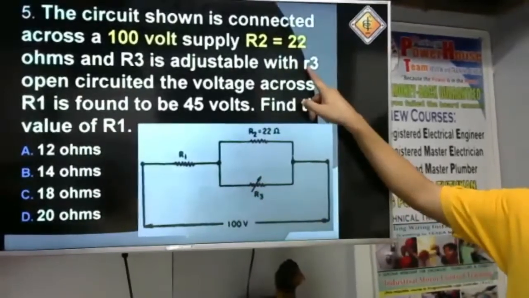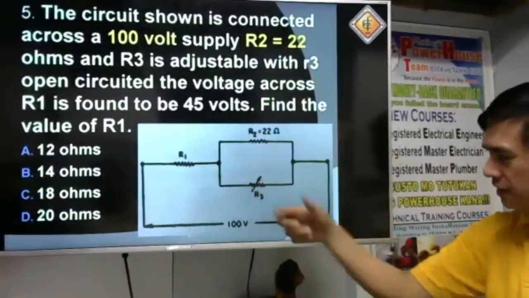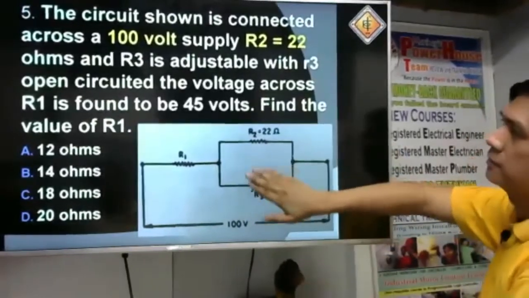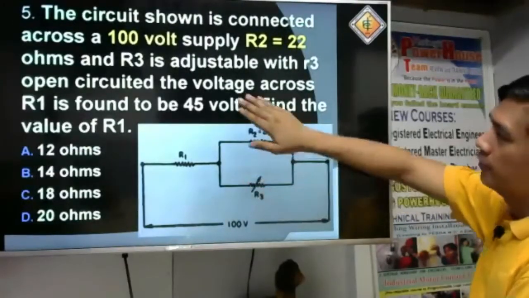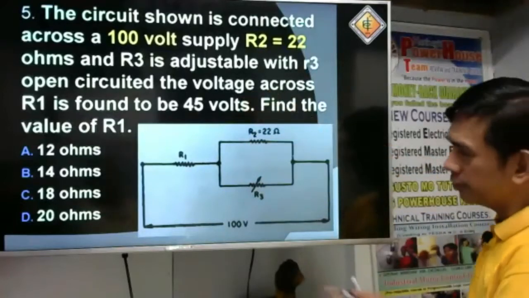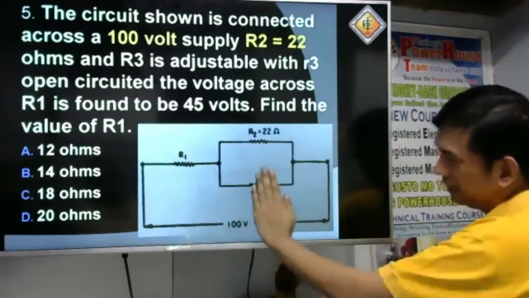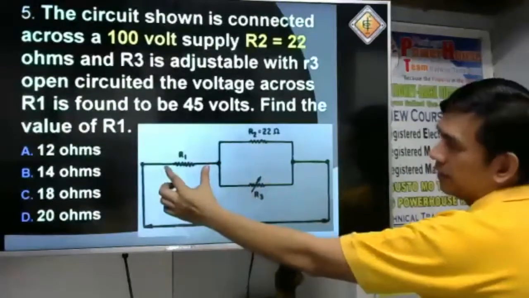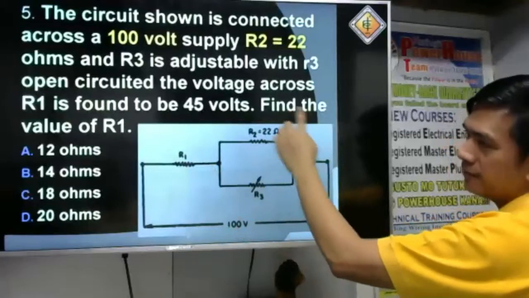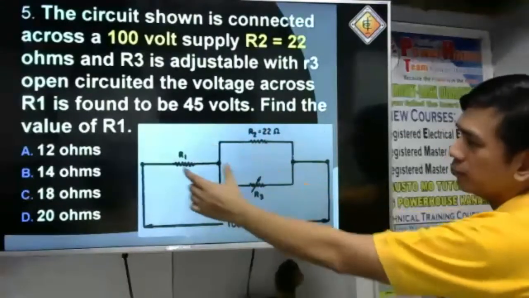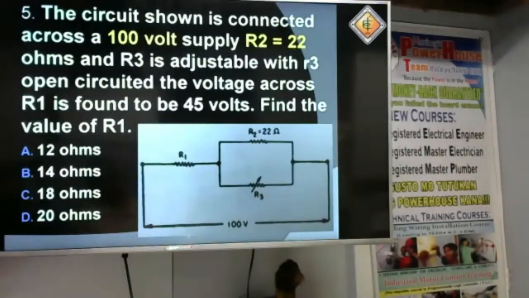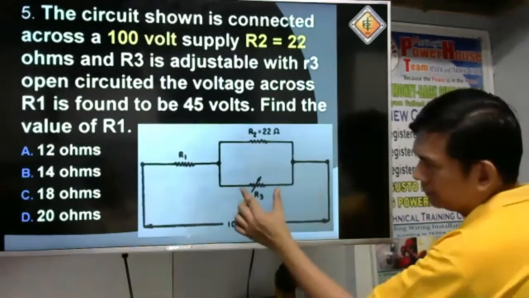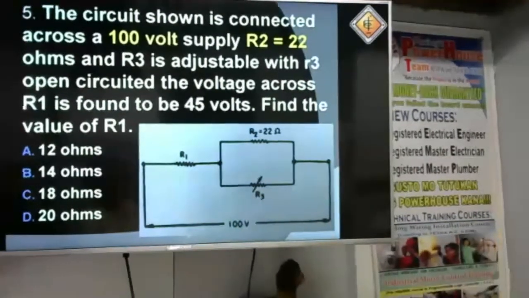With R3 open circuited, you remove R3. Okay? That is open circuited. The voltage across R1 is found to be 45 volts. When this becomes open circuited, 45 volts here. So find the value of R1. What is the value of R1? Okay. So if this is open circuited, what can we say about our circuit?